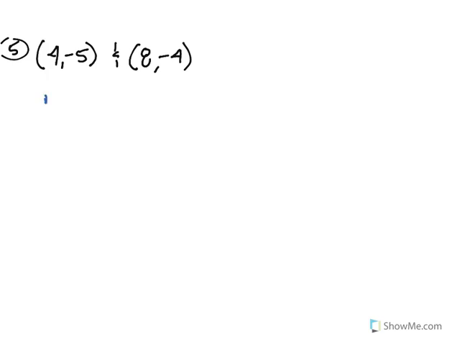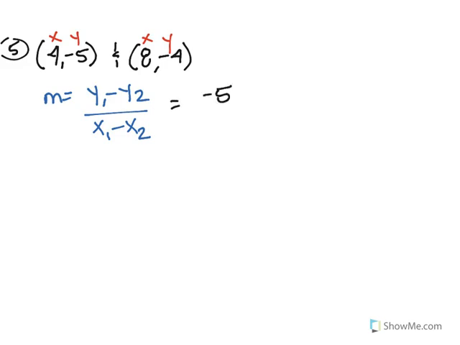So you know our slope formula says that we're going to subtract our y's over our x's. Just be mindful of these negative signs. So we would have -5 minus a -4. Make sure you watch that double negative stuff. That makes that a plus 4, right?